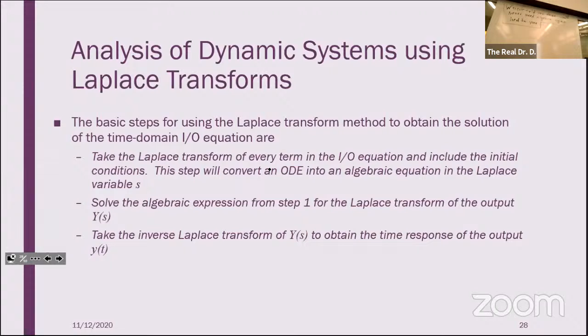Then we take the inverse Laplace transform of y of s, most likely needing to use partial fraction expansion unless we get really lucky and something falls out, to obtain the time response y of t. So take the Laplace transform, we mess around with it using algebra, and then we take the inverse Laplace transform.